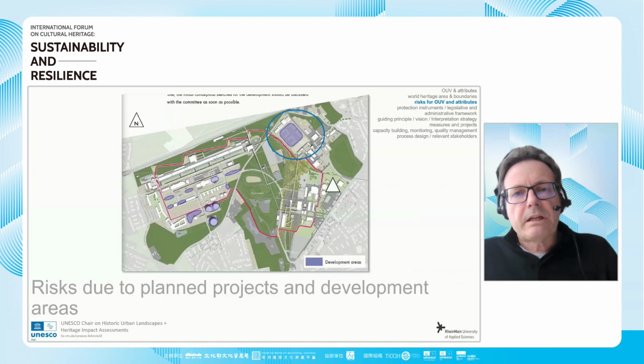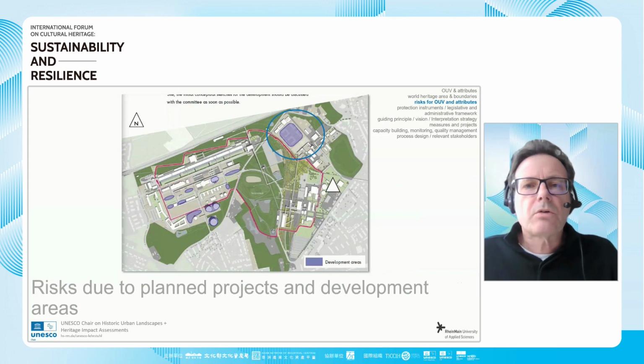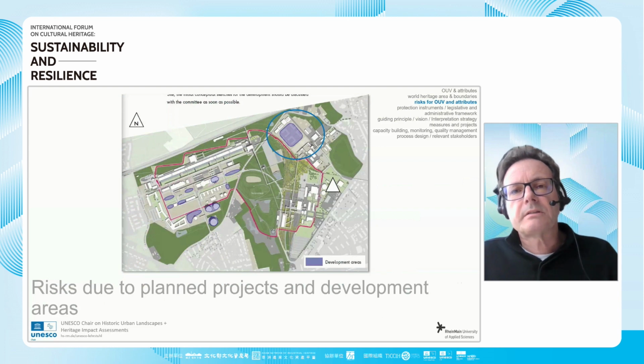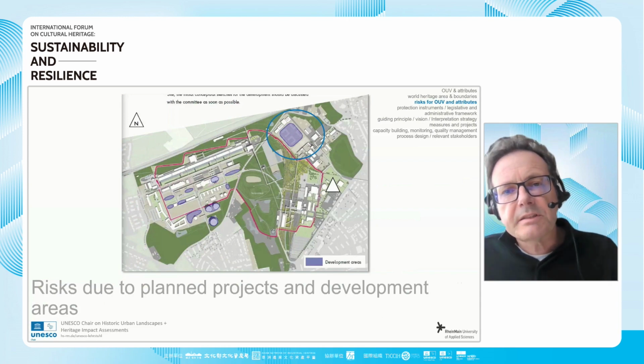But redevelopment of the site is also a huge task, because I've explained the ownership structure, and this is a plan showing planned development areas. In order to discuss with our advisory board, we started to show what these redevelopment options would mean for the attributes expressing the OUV.